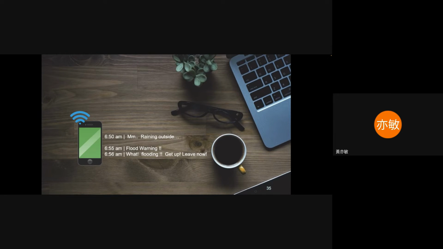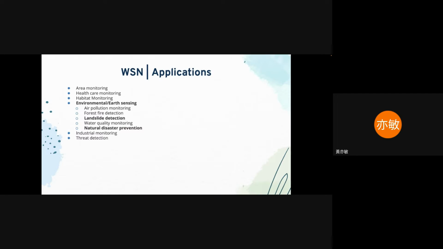You can leave your house, or you can just move upstairs to a higher position to protect yourself. So that situation gives you the idea: if we want to protect our people from natural disasters, we not only need to monitor the data. We need to do something after we obtain the data.